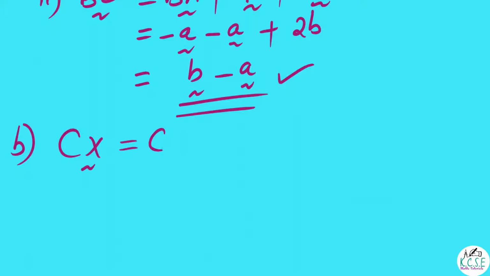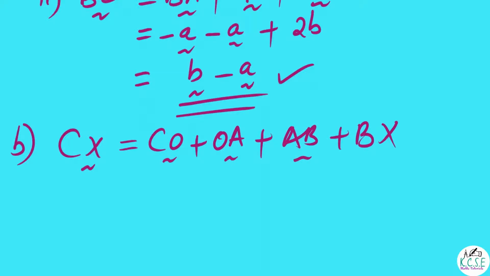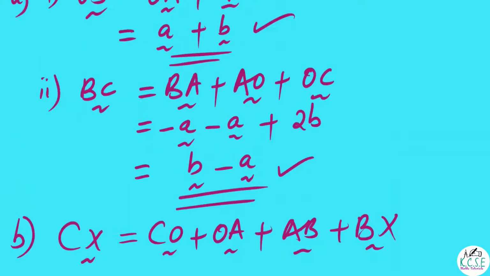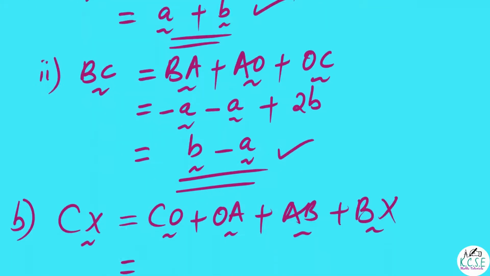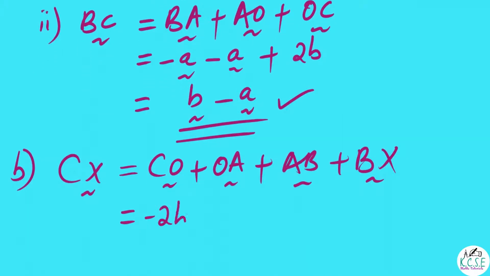So CO plus OA plus AB plus BX. CO, we are moving in the opposite direction, so that one will be negative 2B, plus OA is A, plus AB is B, plus BX is given by HBC.